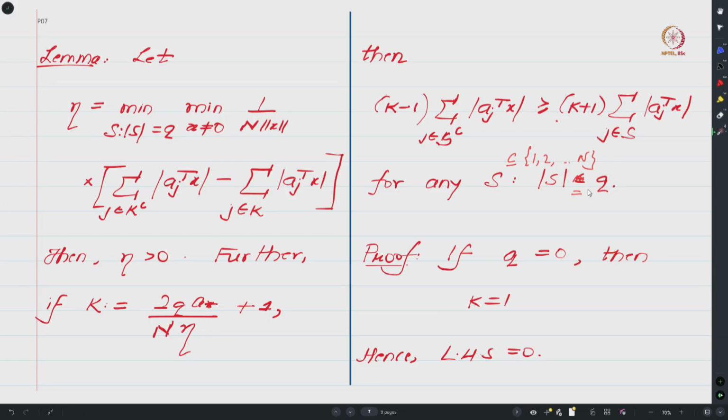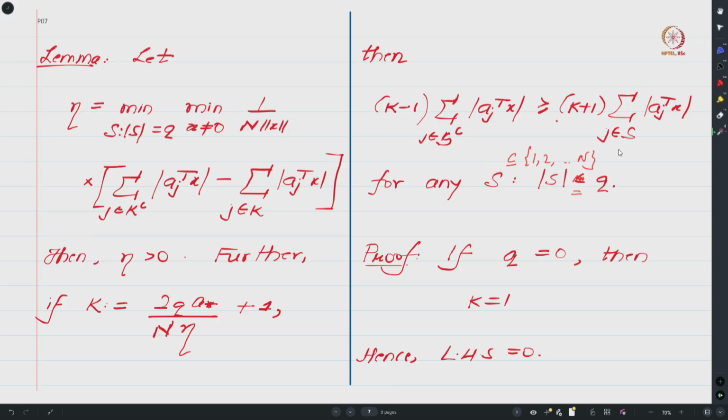So presuming this Q is less than n over 2, one can see that we are looking at the sum of AJ transpose X on a small set of coordinates, and we are looking at the sum of AJ transpose X over the remaining coordinates. So this expression is over a larger set of indices, and this expression is over a smaller set of indices.